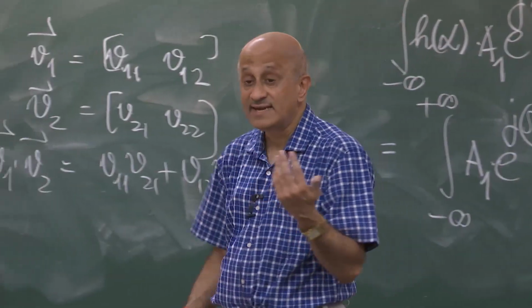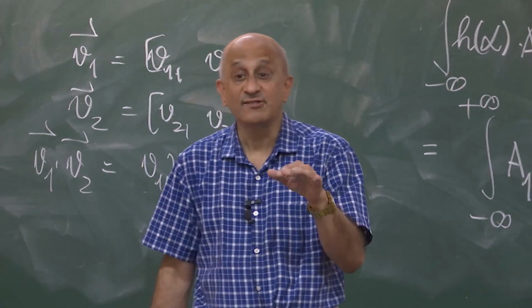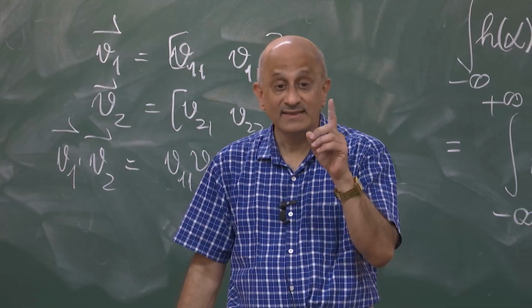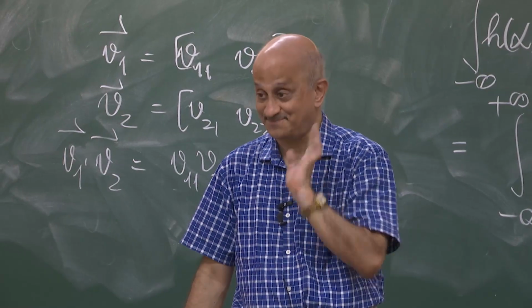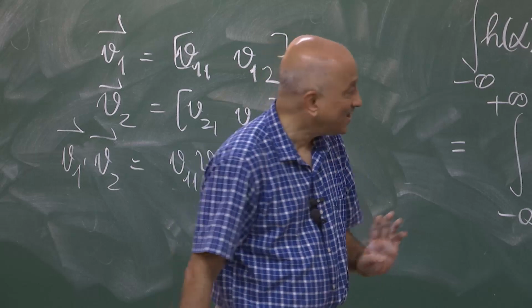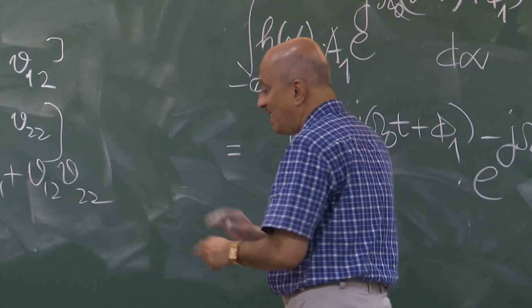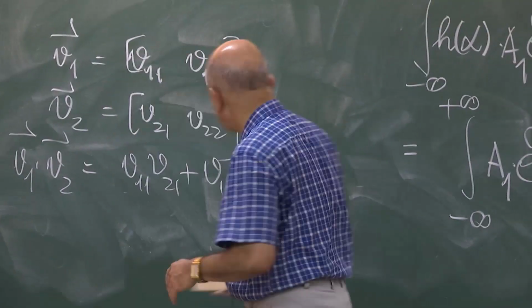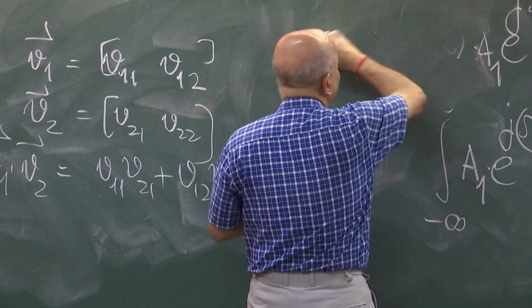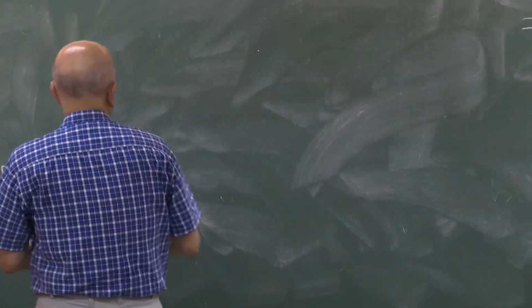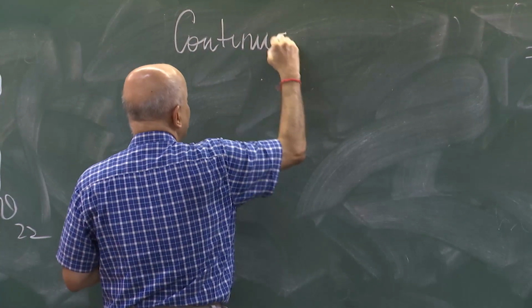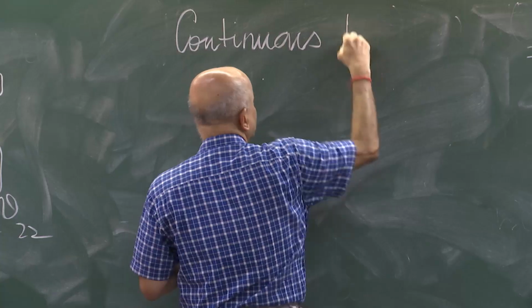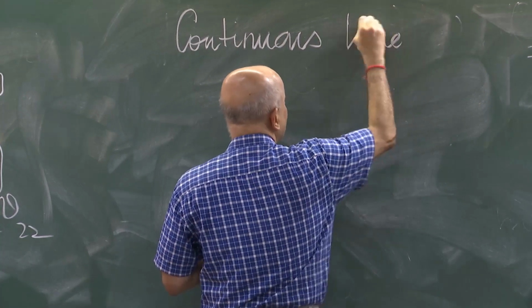So, you can think of continuous functions also as vectors where the components of the vector are really the values of the function at every point. So, here for example, you can think of 2 functions, the function h(t) or h(alpha) if you like. The story we are writing down is about continuous time functions, or continuous variables.